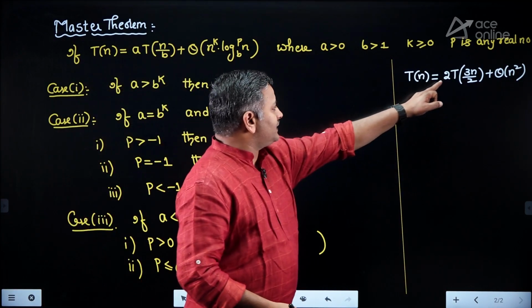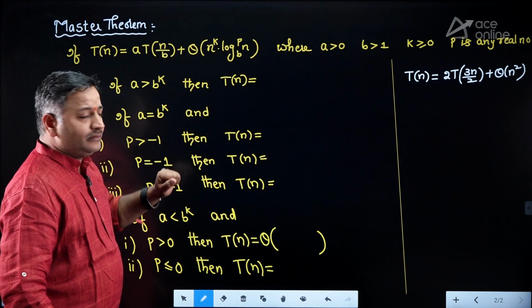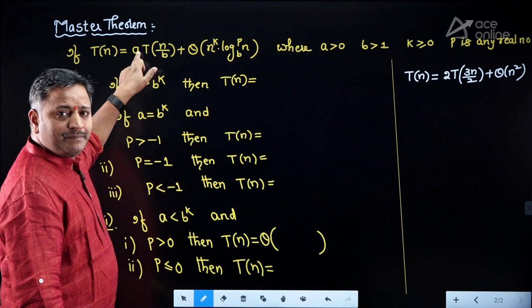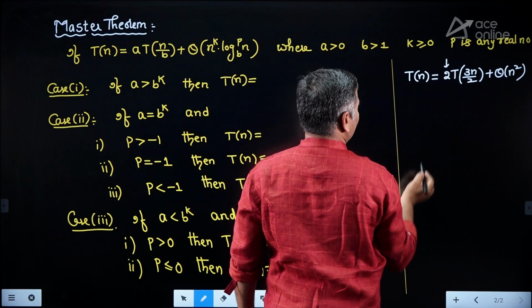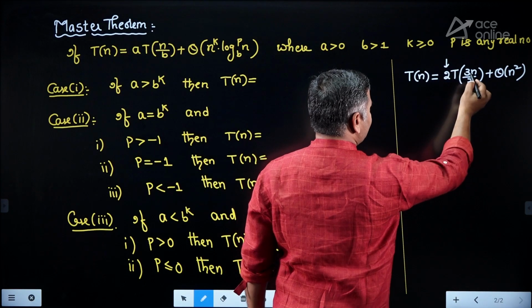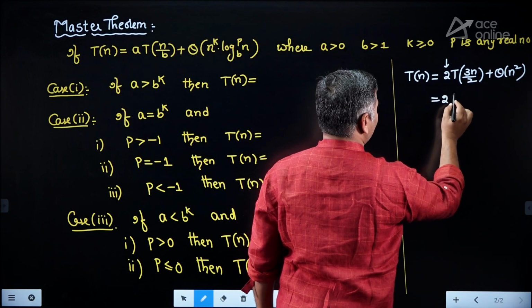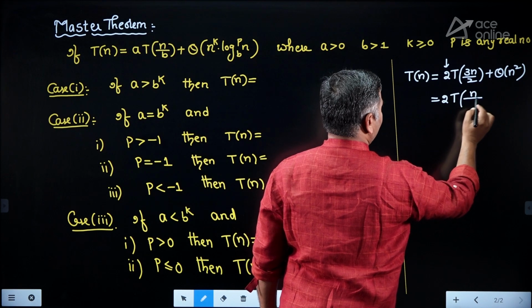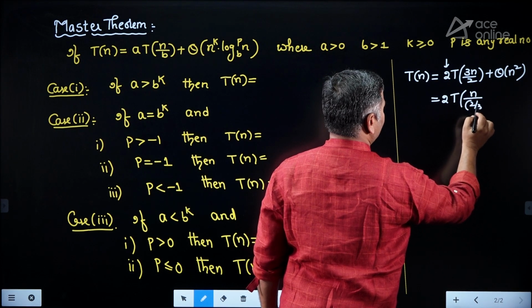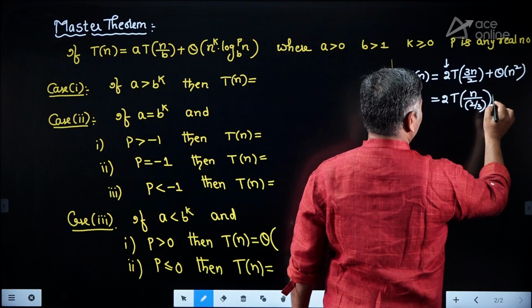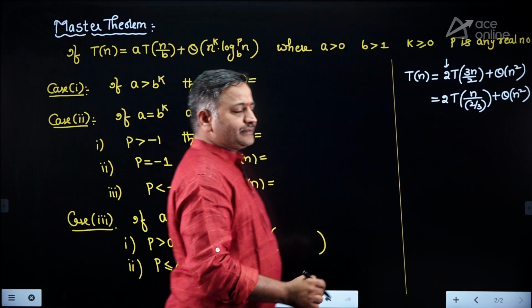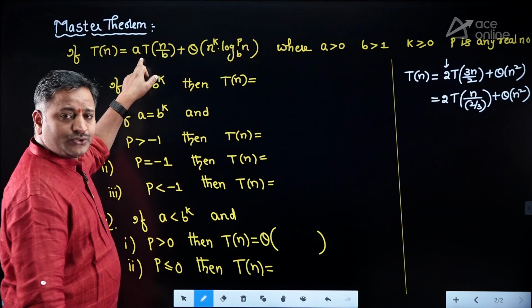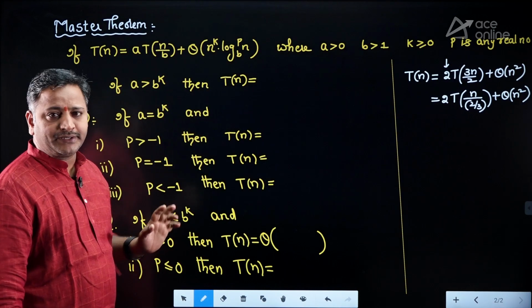If you convert this recurrence into the standard format and compare with the constants a and b, a equals 2. What about b? You can rewrite this equation as 2T(n/(2/3)) + theta(n^2), right friends? So a equals 2 and b equals 2/3.